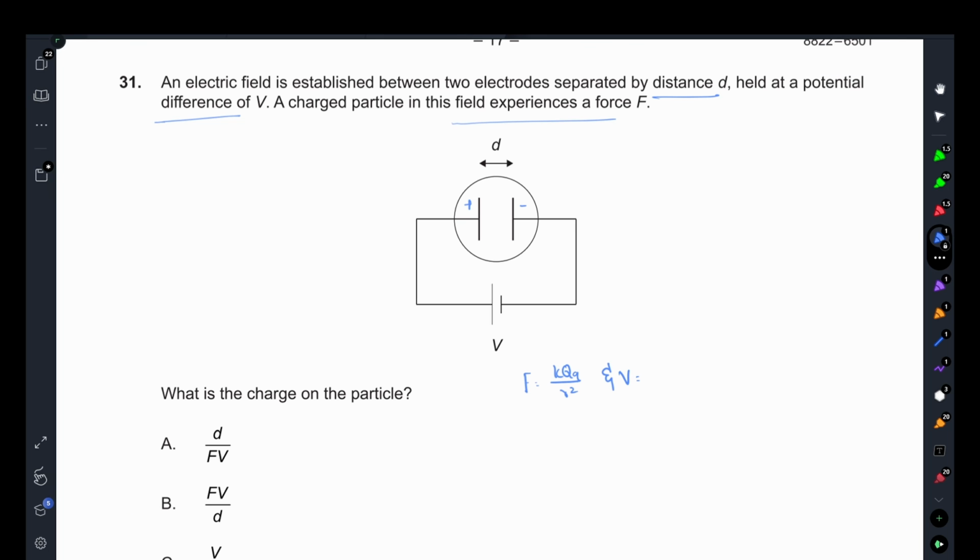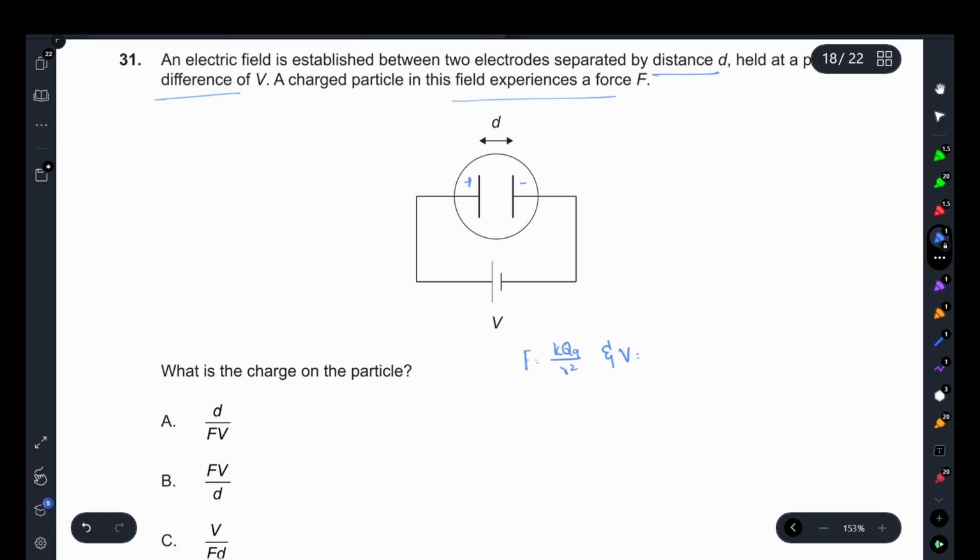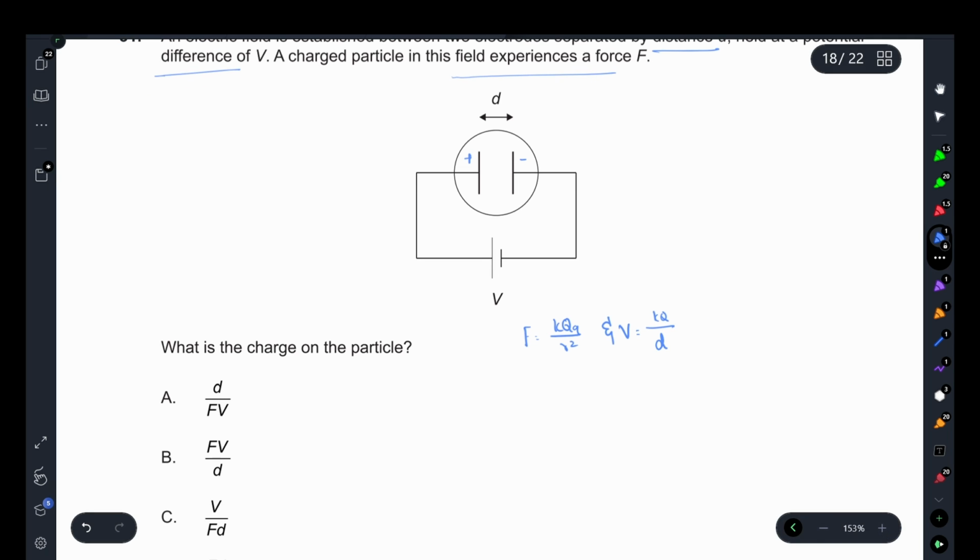Anytime you have a capacitor, you're going to consider the potential between the plates, because that leads to a lot of important values. So right here, you write V is equal to KQ by D, and F can also be written as VQ by D, since this D and this R squared get cancelled out.